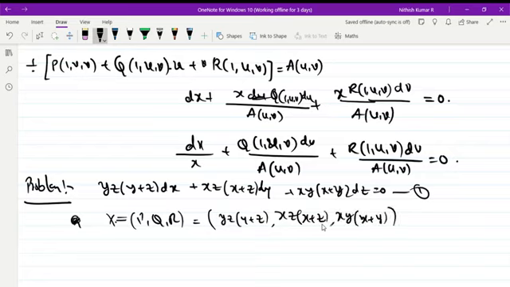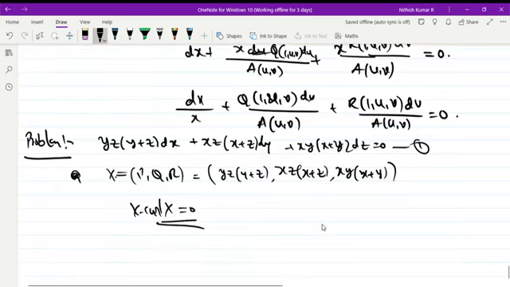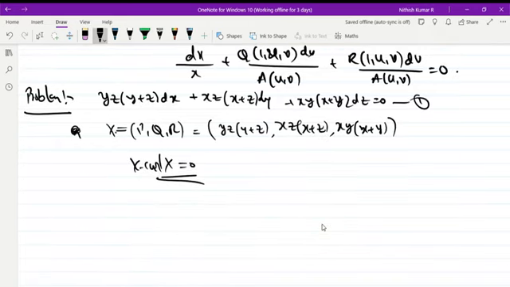Now verify that it is integrable. It's actually integrable. The verification of X dot curl X equal to 0 is left as an exercise. Okay. Now first check whether these P, Q, R are homogeneous.